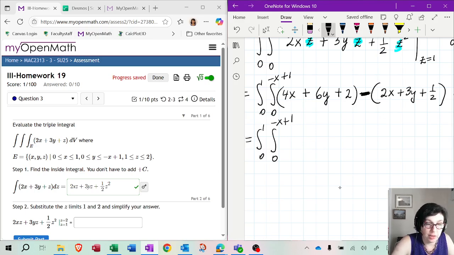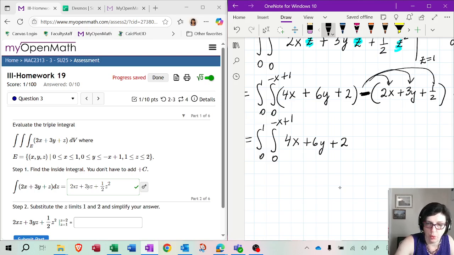Here you do simplify because I want to get rid of all parentheses and combine like terms. So this minus would get distributed to all the terms, and so this will be negative 2x minus 3y minus 1/2. And then we still have dy dx here.